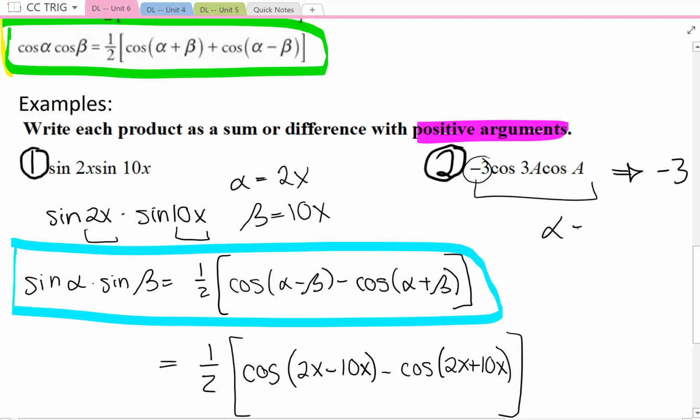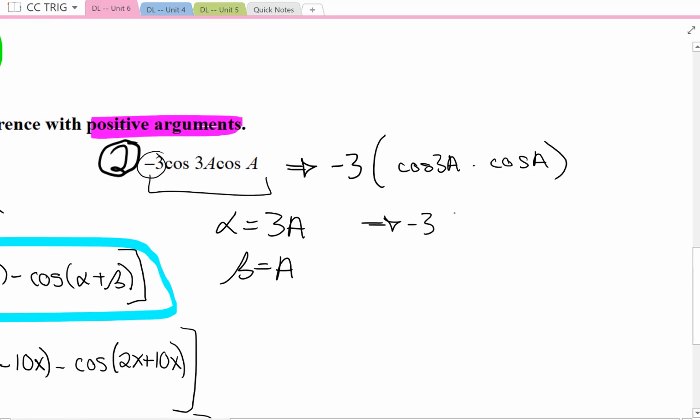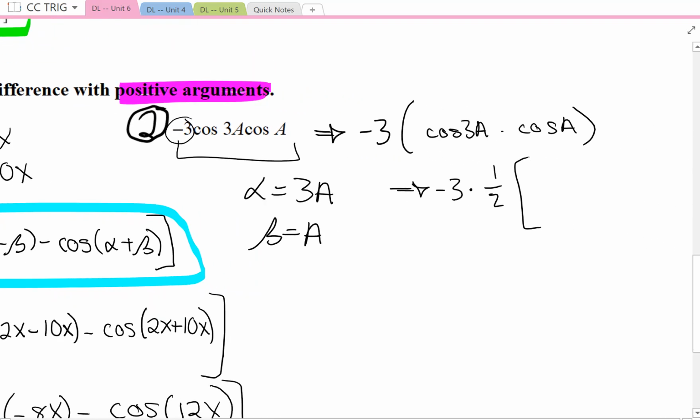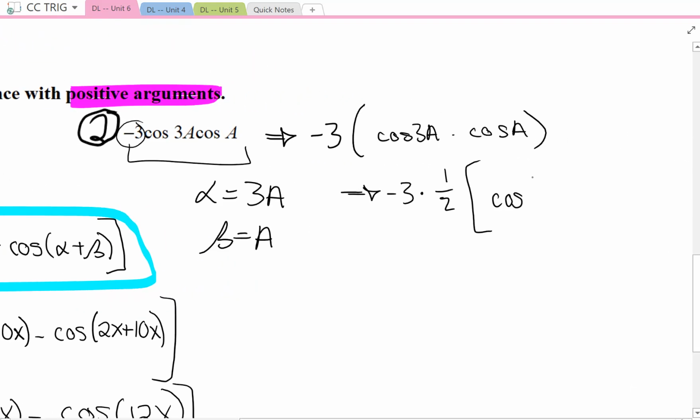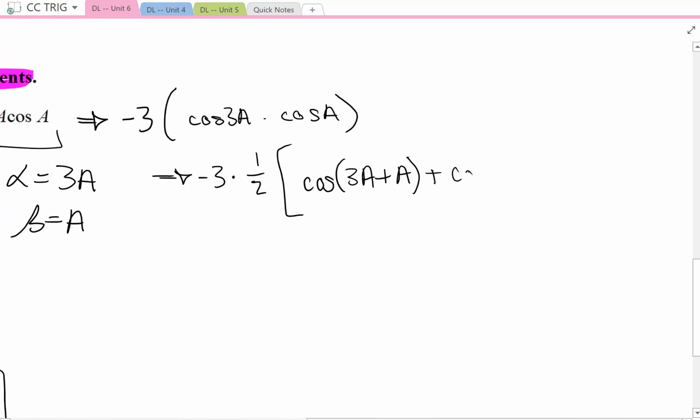I will call alpha 3a and beta a. -3 times 1/2 cosine alpha plus beta, 3a plus a, plus cosine alpha minus beta, 3a minus a.